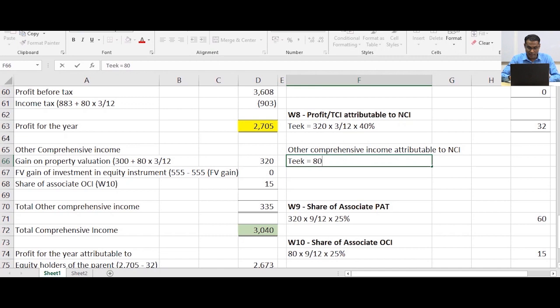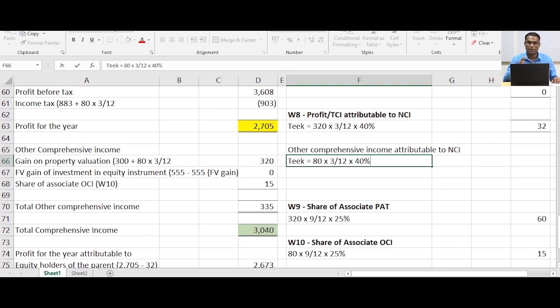You have to take 80 into 3 upon 12, because allocation to the non-controlling interest takes place when it is a subsidiary. It was a subsidiary only in the last 3 months. So you have taken 80, the total gain on revaluation of PP&E, into 3 upon 12 into how much? Into 40% to the NCI.